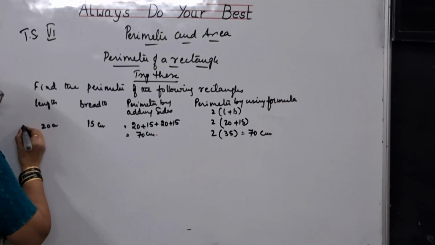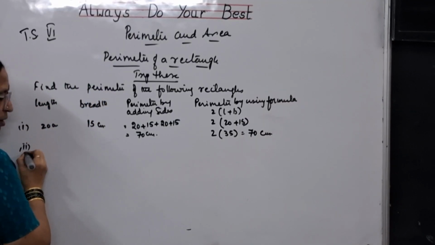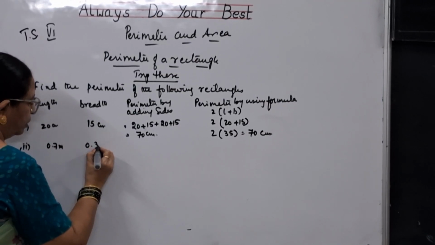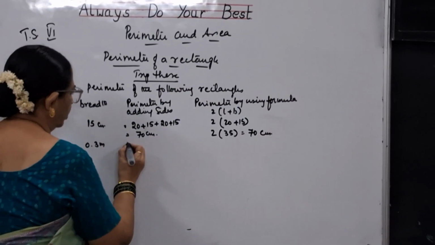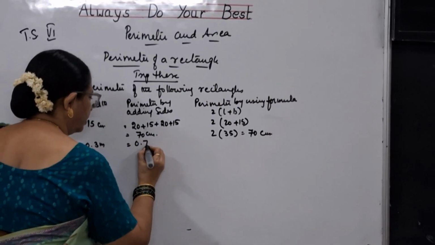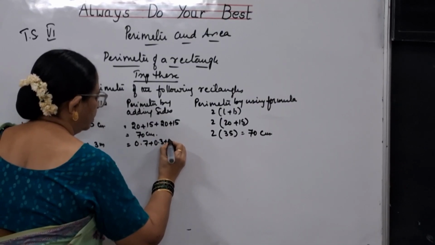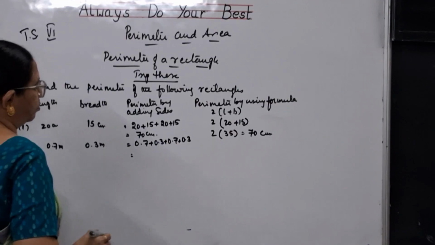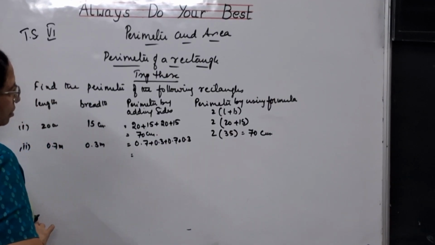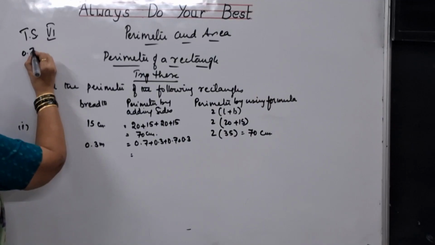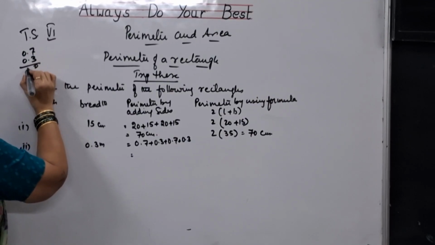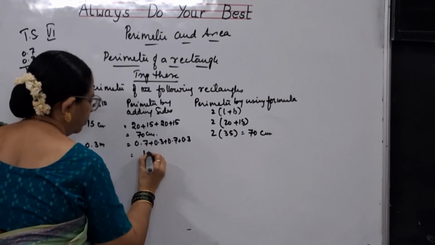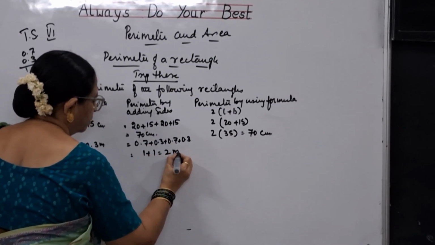So you see, in both the cases you are getting the same value. This is the first bit, and the second bit: 0.7 meters, 0.3 meters. So the perimeter is 0.7 plus 0.3 plus 0.7 plus 0.3. So 0.7 plus 0.3 is 1, and the other pair also gives 1. So 1 plus 1, 2 meters.